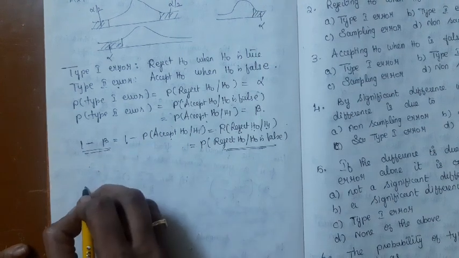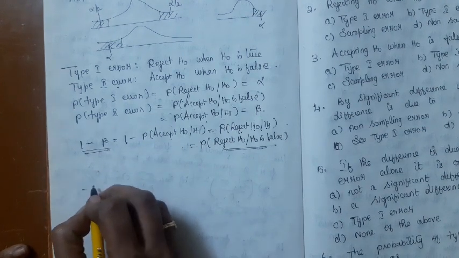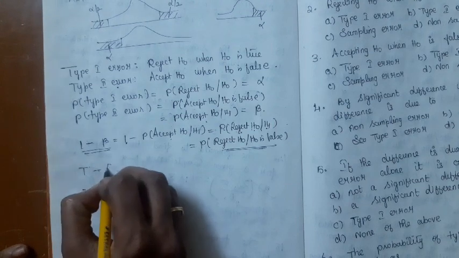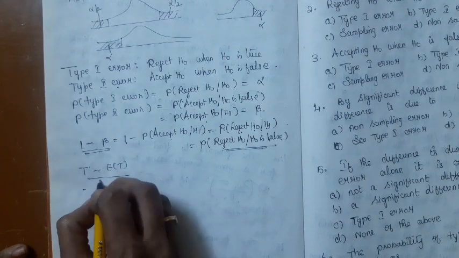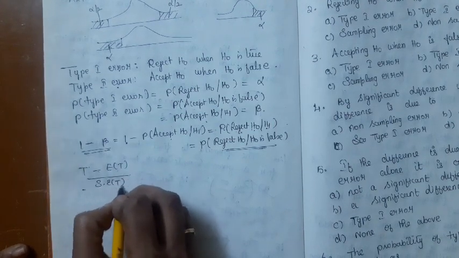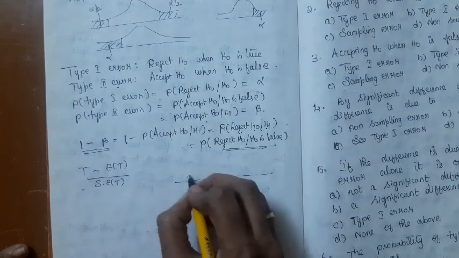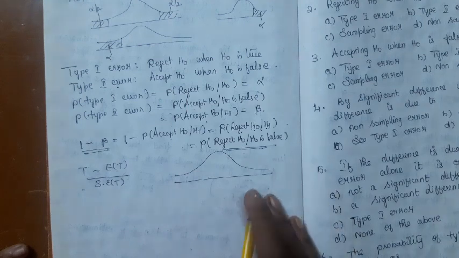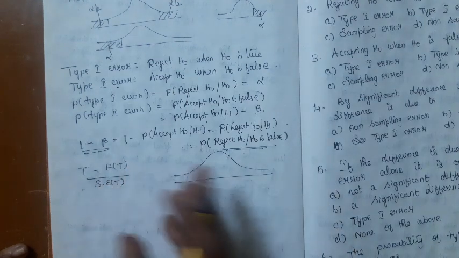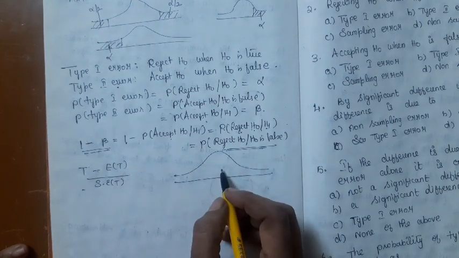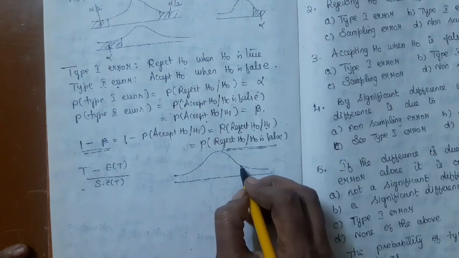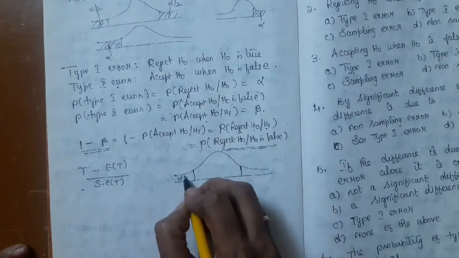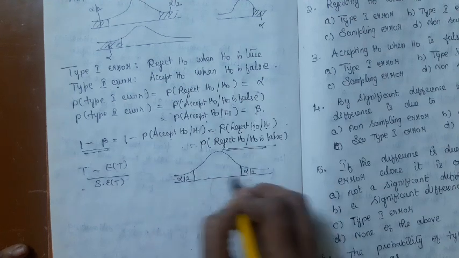Okay, fine. See, the test statistic is t minus expectation of t divided by standard error of t. Assume this is the curve for the distribution of the test statistic, and this is your rejection region.